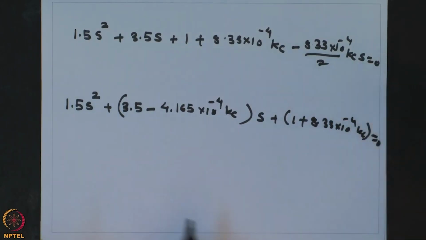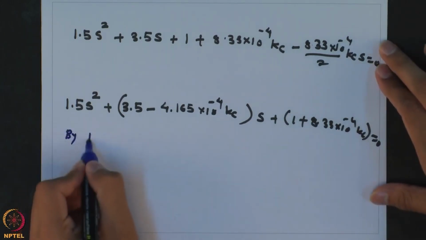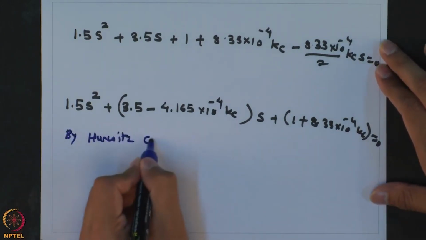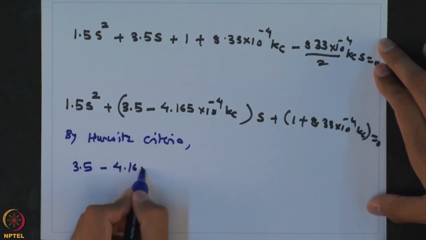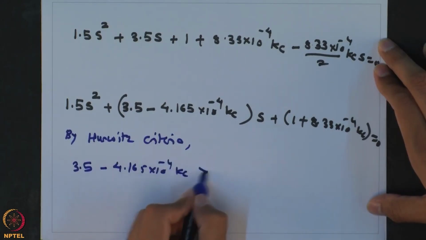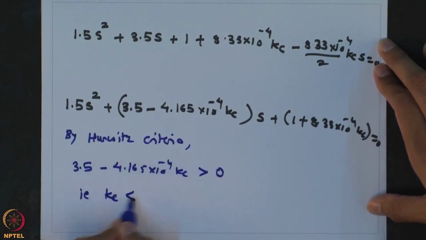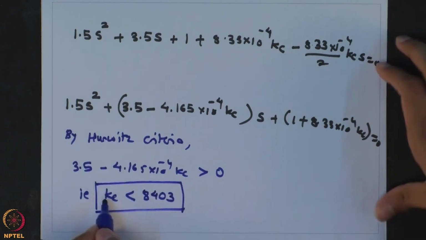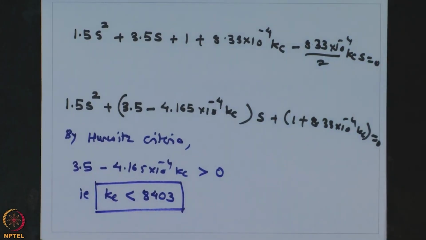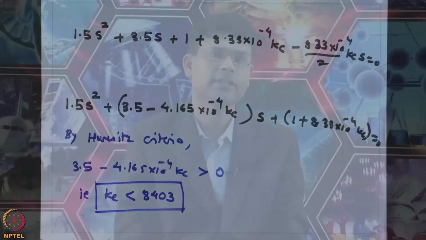Now if we use the Routh Hurwitz criteria, we will have 3.5 minus 4.165 10 raised to minus 4 Kc should be greater than 0, that is Kc should be less than 8403. You can note that earlier, when there was no measurement delay, I could use infinitely large controller gain and the system would still remain stable.